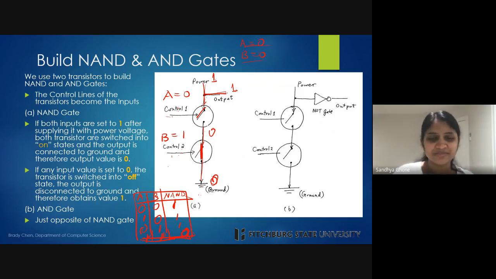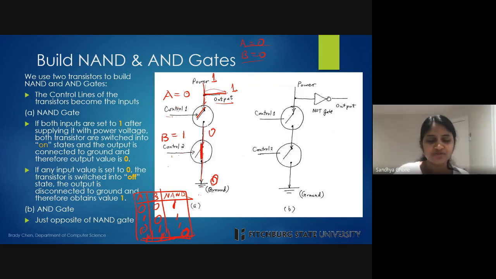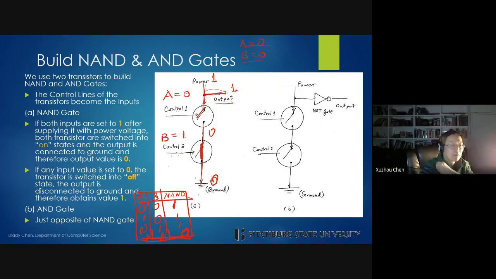Now, in order to ground the output, which means to make the output 0, you have to make sure both A and B are 1. Then you can connect both transistors, so you can ground the output. That's the idea.